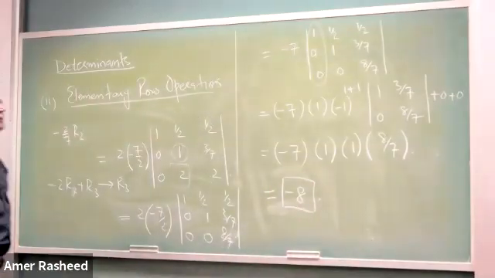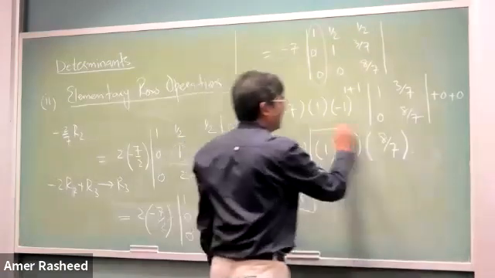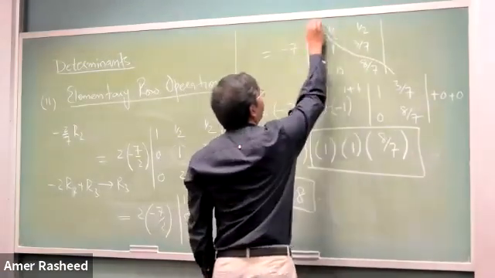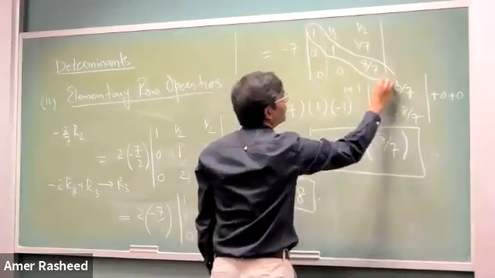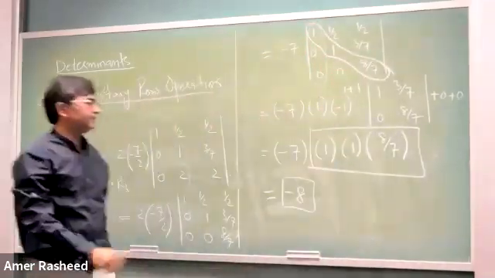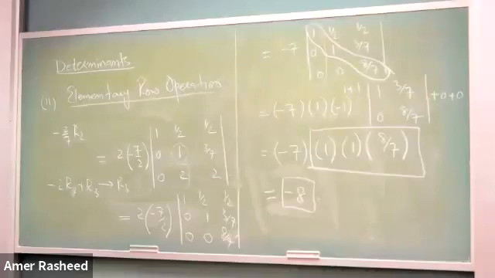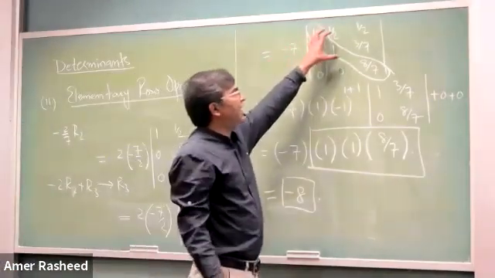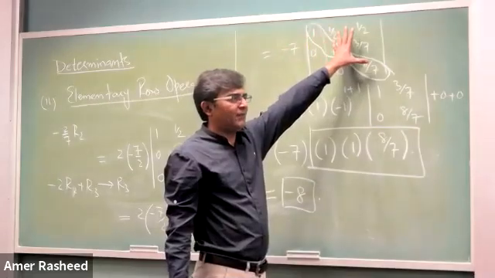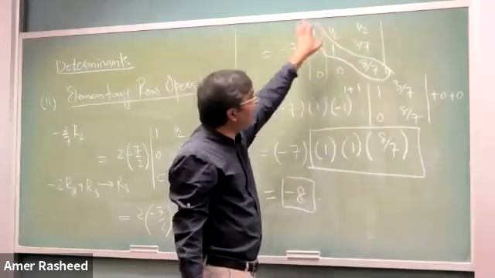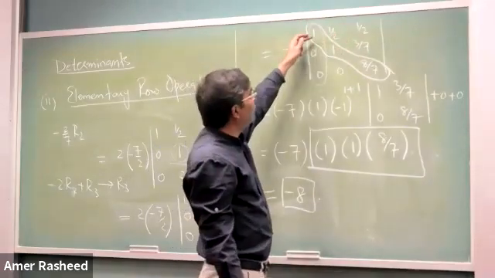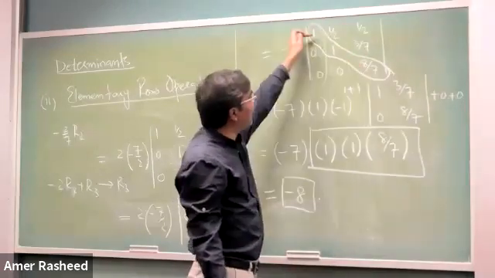Now one thing you notice here is, what is this? This is the product of the diagonal entries of this determinant. So once you have an upper triangular matrix, the value of this determinant is equal to the product of its diagonal entries.